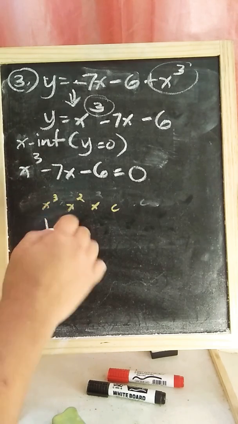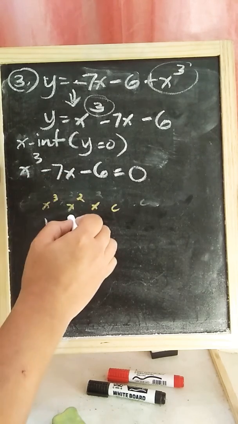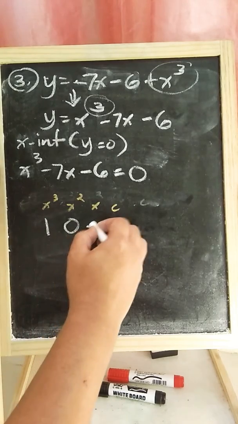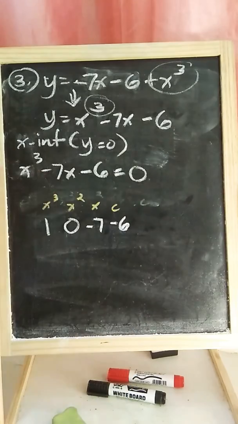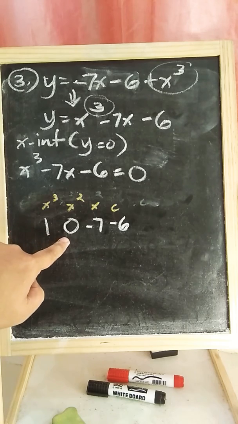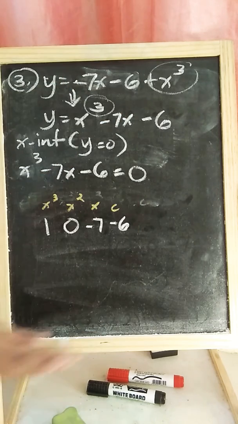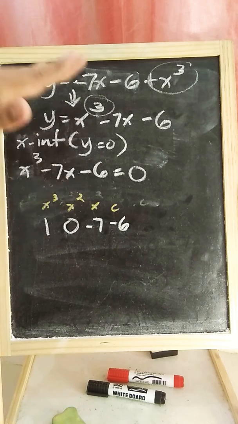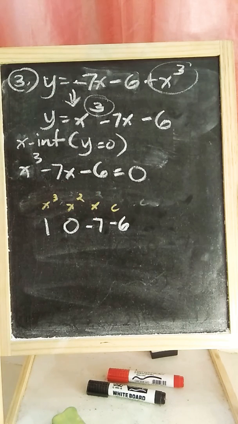So, dito, 1. Sa x squared, dahil wala kang x squared, lalagyan mo ng 0. Negative 7, negative 6 sa constant. Pag kinalimutan mo itong 0, mamamali ang synthetic division mo. Ibig sabihin, eventually, mamamali ka ng pagkuha ng factors.